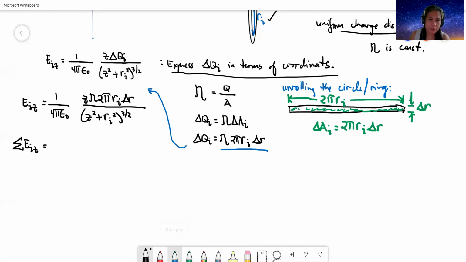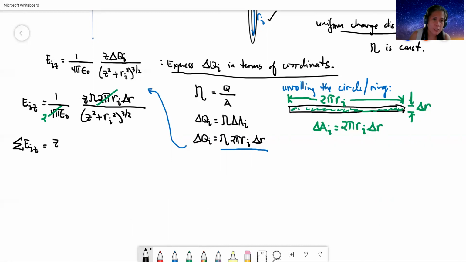If we further simplify, the 2 pi here gets cancelled with the 4 pi here, leaving just 2. So z is constant, eta is constant, so we put them out of our summation, together with the constant here.